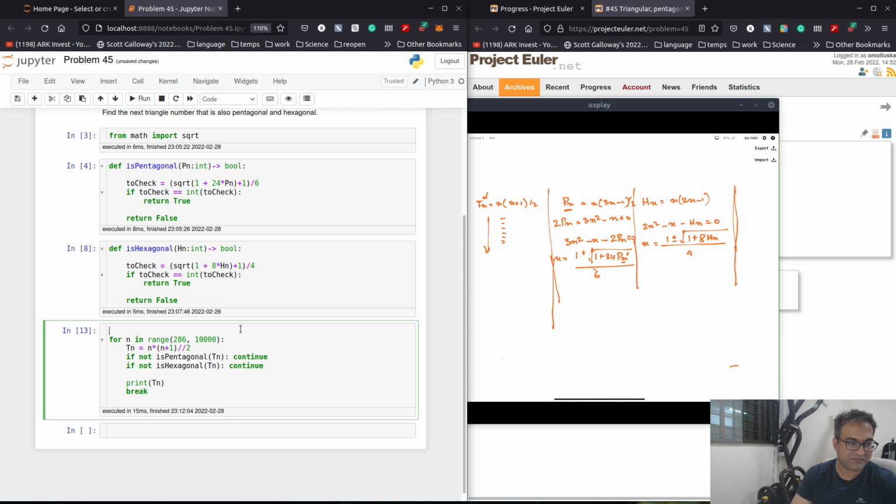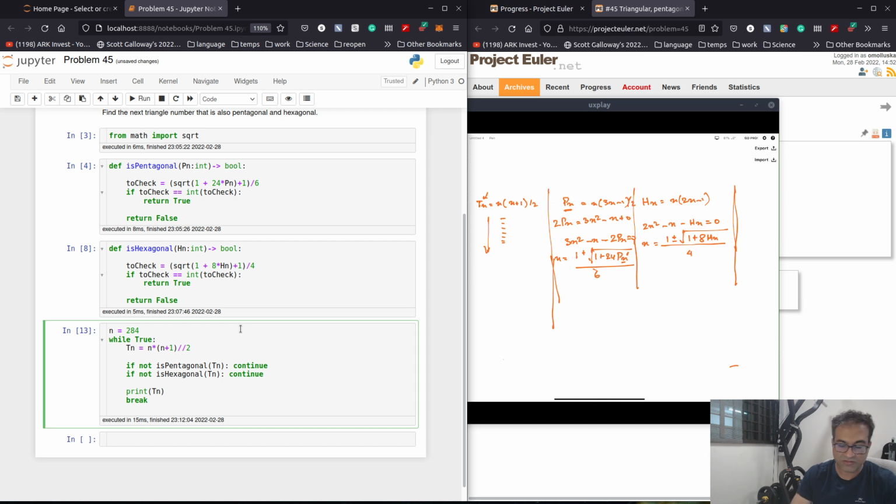So n equals 284, while true. I will add n plus equals 1.